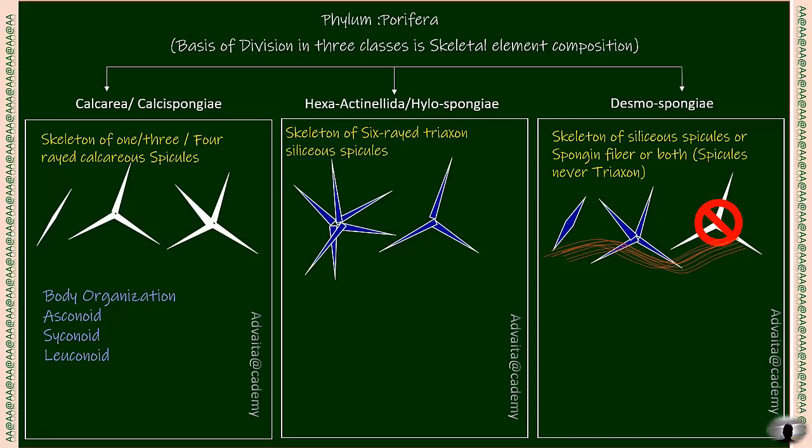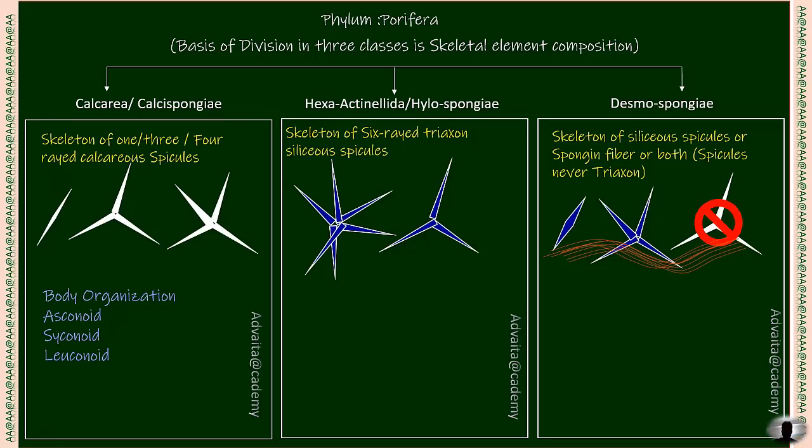Here we have shown 3 kinds of canal system. The Ascon type is the simplest, Sycon type is intermediate, and Leucon type is the most complex type of canal system. So in Calcarea, all 3 types of canal system are present.